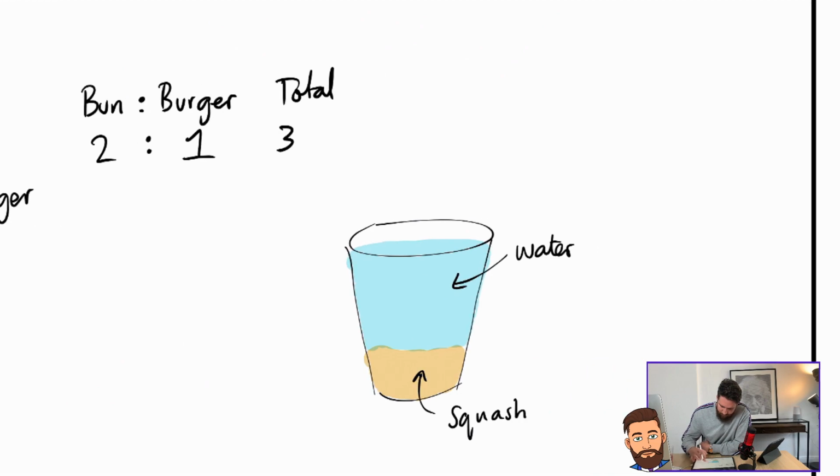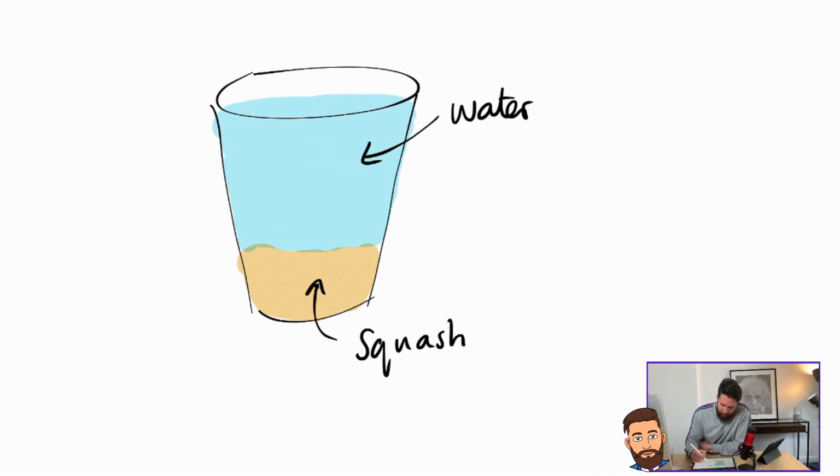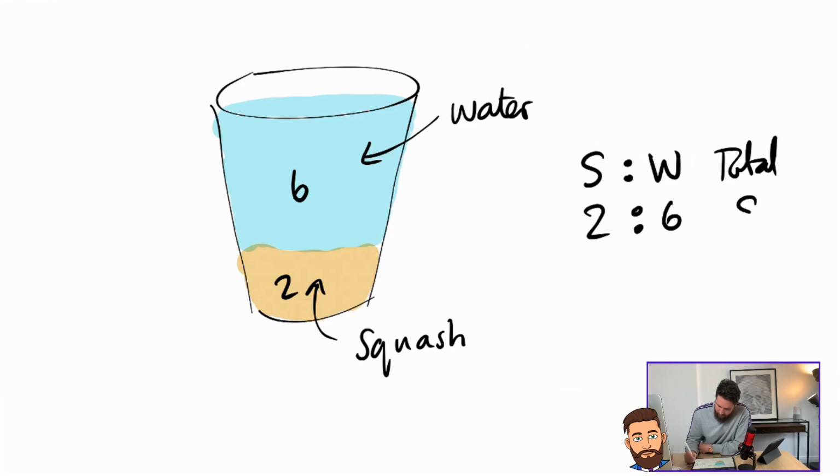Similarly, down here, if I have water and squash, if you make your drink in the morning, I could say that the ratio of squash to water, and you can be lazy, you don't have to write the full word out, you could just put the starting letter if they're not the same. Let's just say this is 2 parts to 6 parts, with a total of 8.